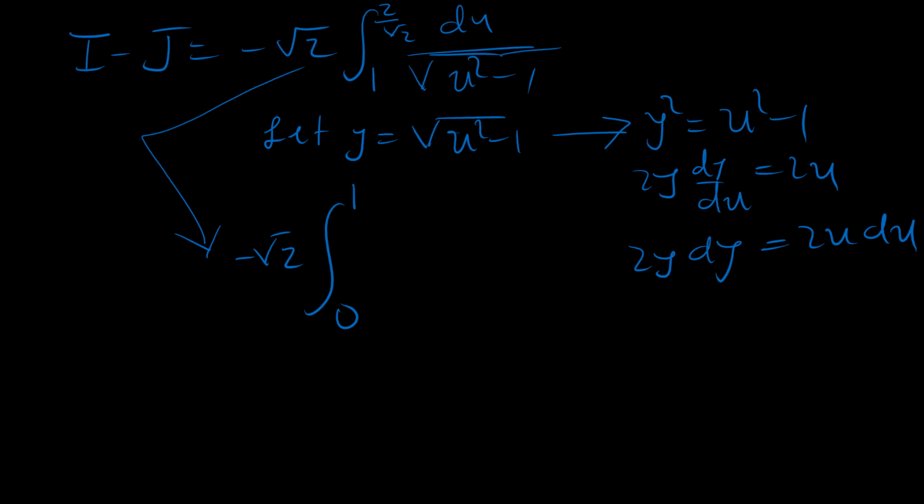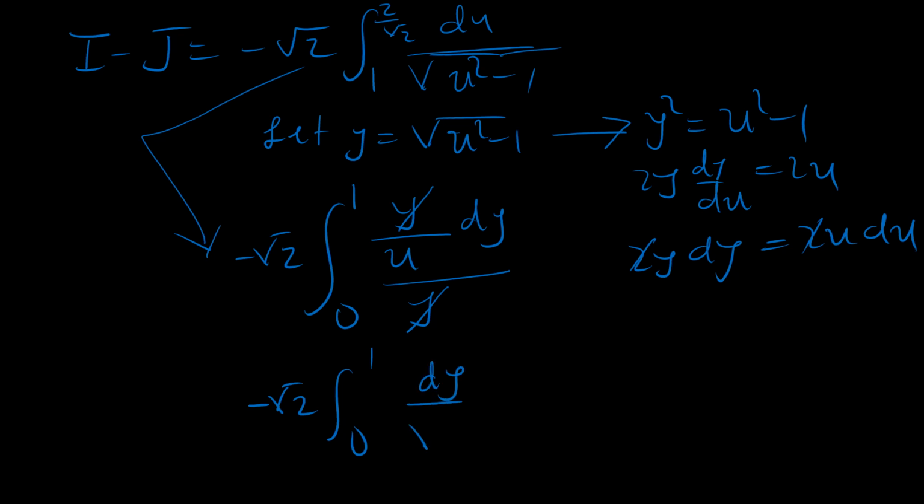So here we have du as y dy over y, and since this cancels with that, and u is the same as y squared plus 1, we have the integral from 0 to 1 of dy over the square root of y squared plus 1.